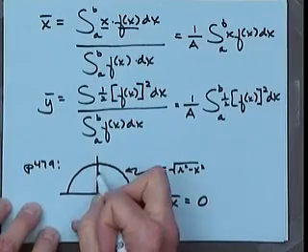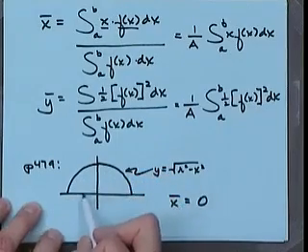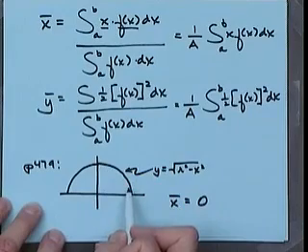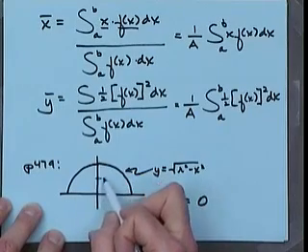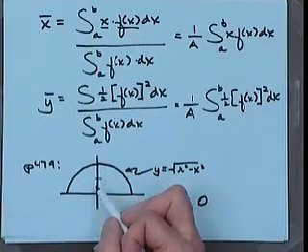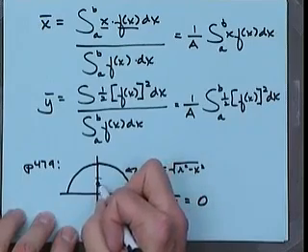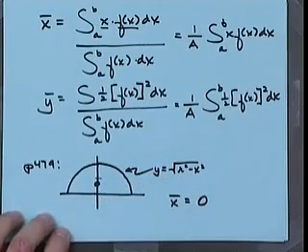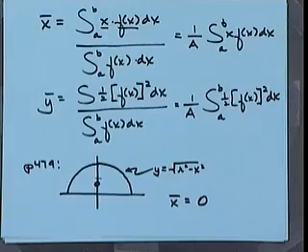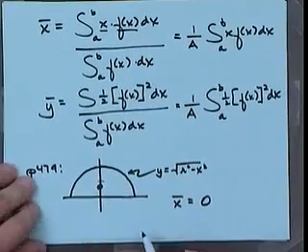Now, we don't know how far up it is. Using the lingo of the author here, this is kind of bottom heavy, right? So we're not going to go, whatever the radius is, halfway up and call that the center of mass, because that's not the balancing point, because it's bottom heavy. So we would expect the center of mass to be somewhere right in here, down toward where it has most of its mass.